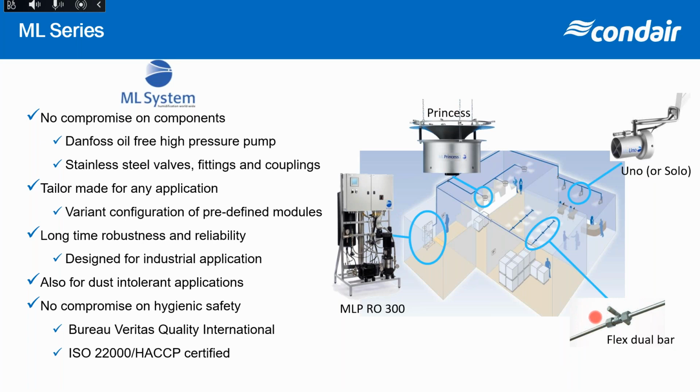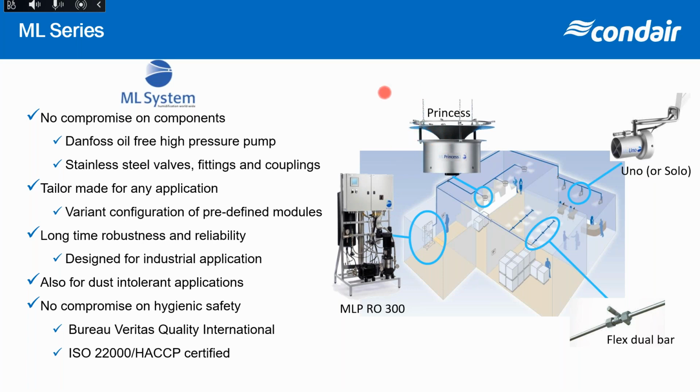You'd need pretty good ceiling heights for that solution, between 25 and 30 feet, to make it viable and make sure the plume fully absorbs in the air. Then you have the Princess, which is another solution, and it has a little fan assist that allows us to drop that ceiling height requirement to around 18 feet.